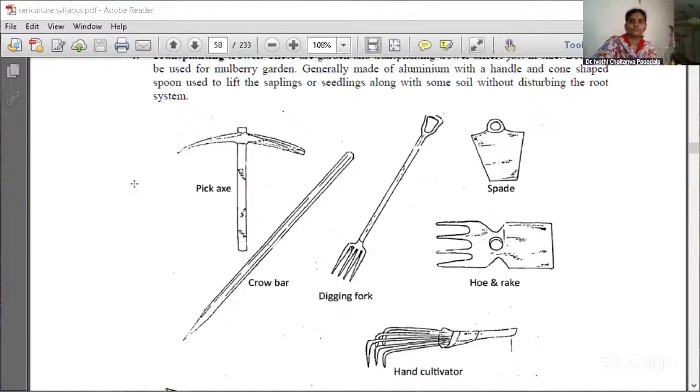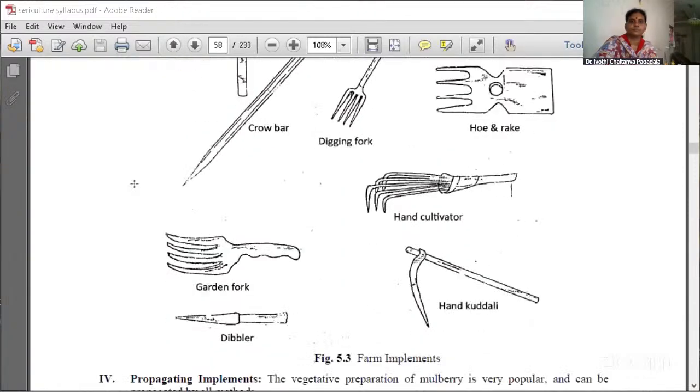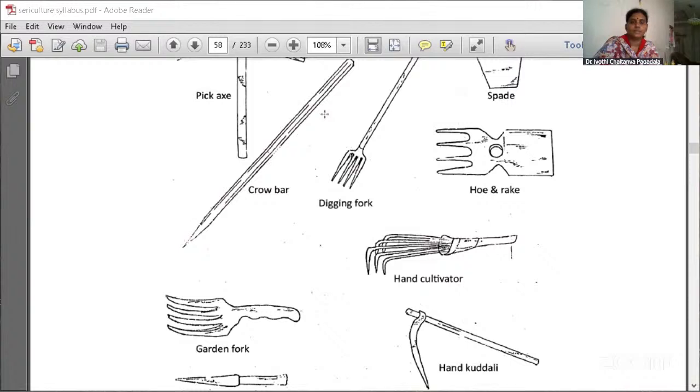The first one is the hand puddali, this one, and the crowbar, this one, and pickaxes, this one.